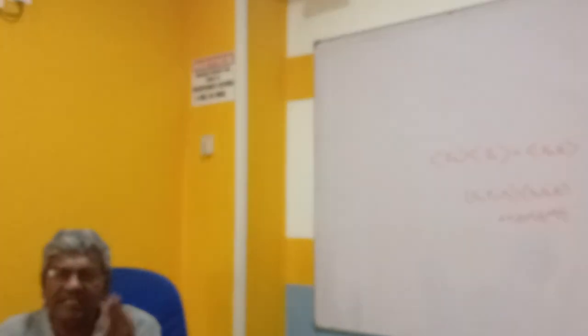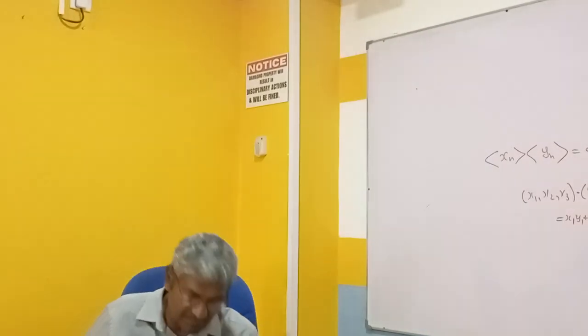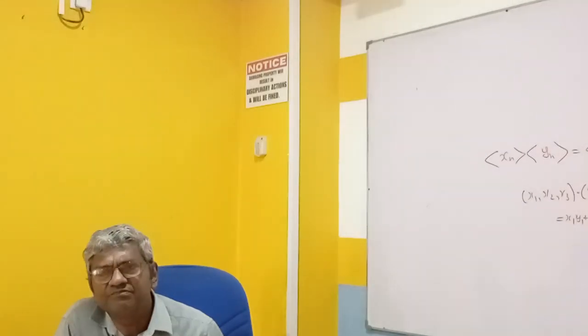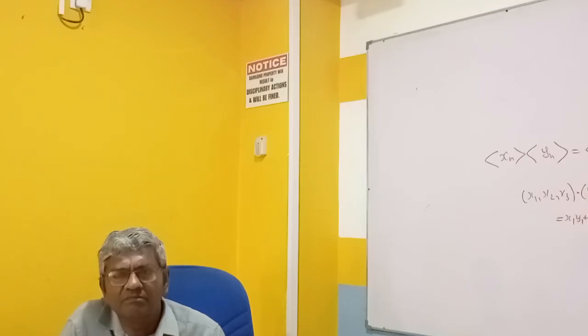You know the meaning of xn converges to L. What does it mean? The sequence xn converges to L if for each epsilon greater than 0, there exists n such that mod of what's the sequence?